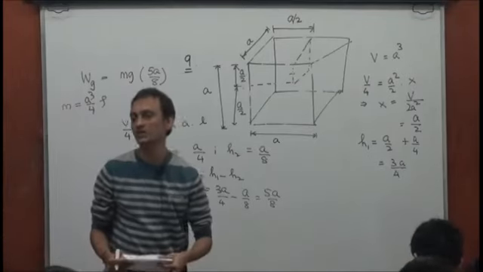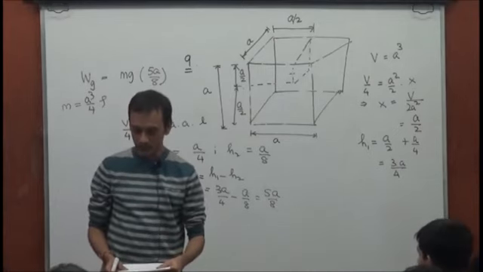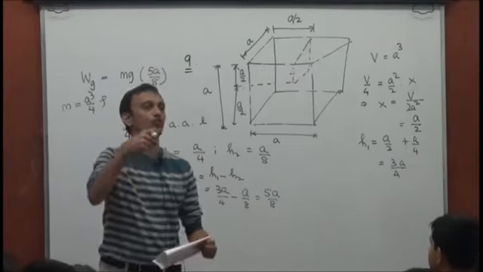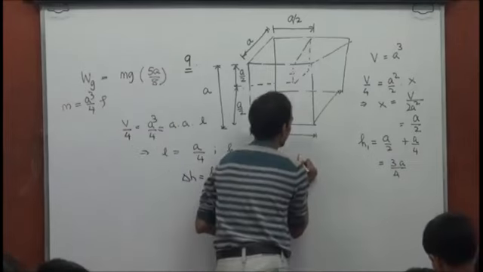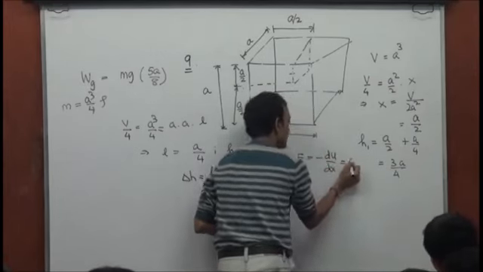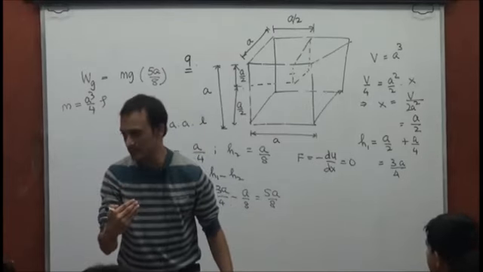I have not discussed equilibrium with you, but just one thing that I want to tell you here is that equilibrium means force must be 0, and force is like minus du dx. If this becomes 0, then that's a position of equilibrium.